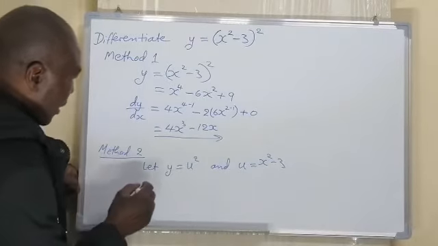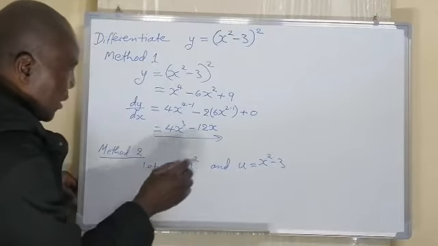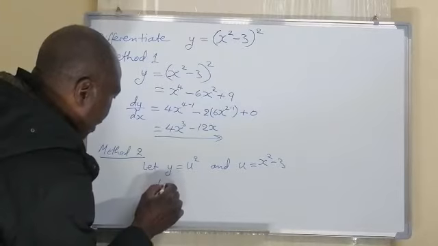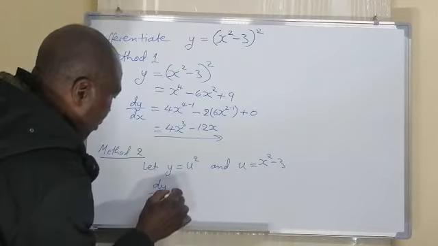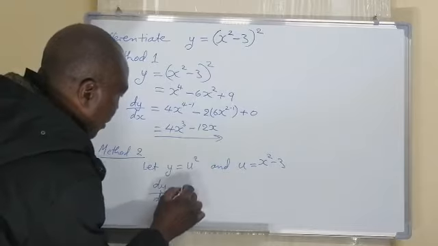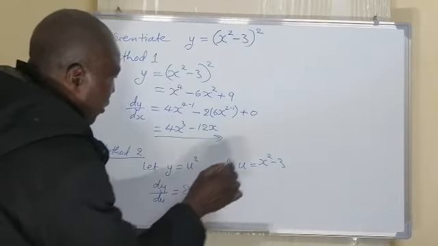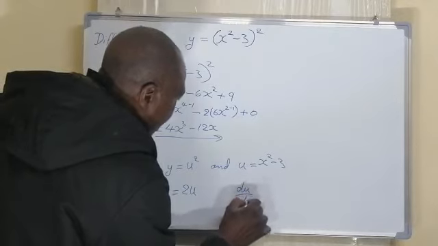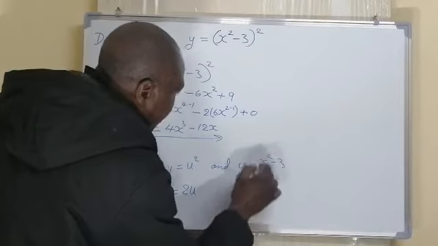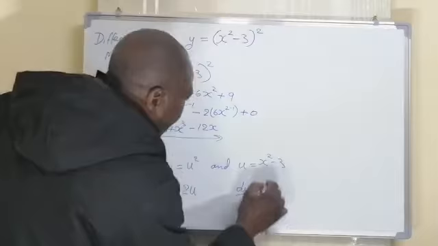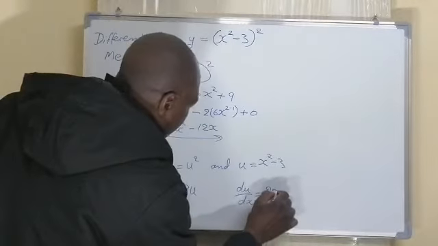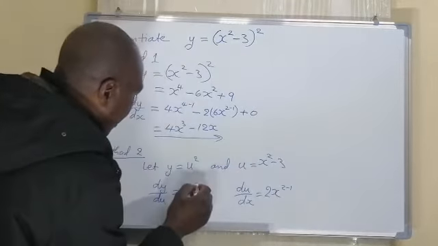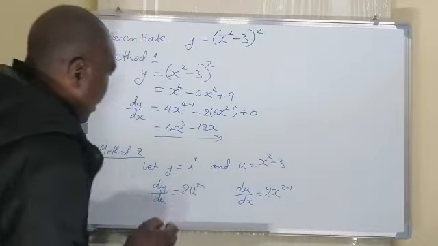And now we can differentiate these separately, meaning that we will end up having dy over du is equal to 2u, while du over dx is equal to 2 times x to the power 2 minus 1, that's 2x.